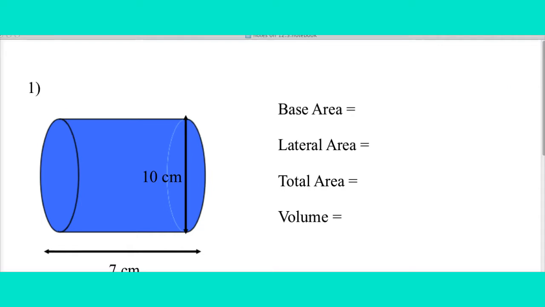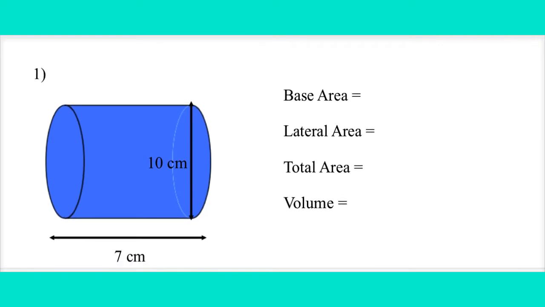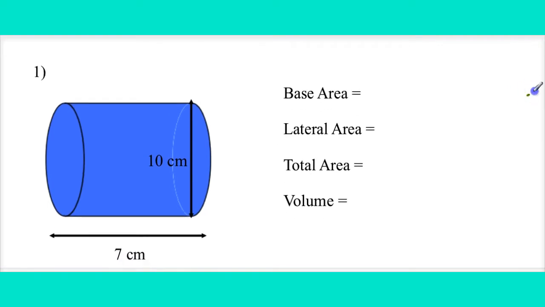So here we have a cylinder, and its base area is pi r squared, and notice here I've got the diameter, so the radius is 5, so the area of the base would be 25 pi square centimeters for area.